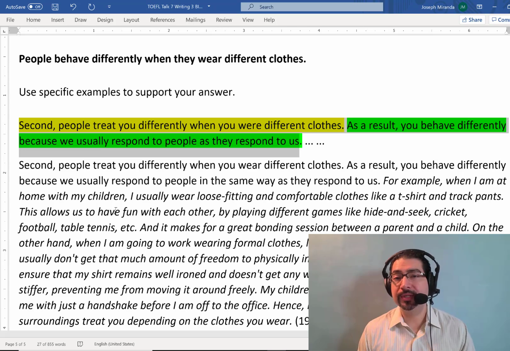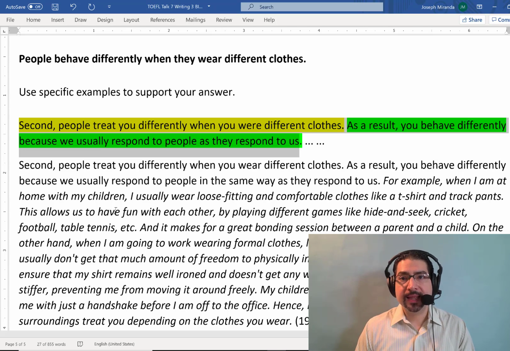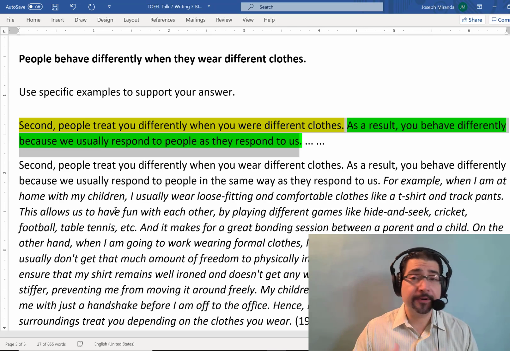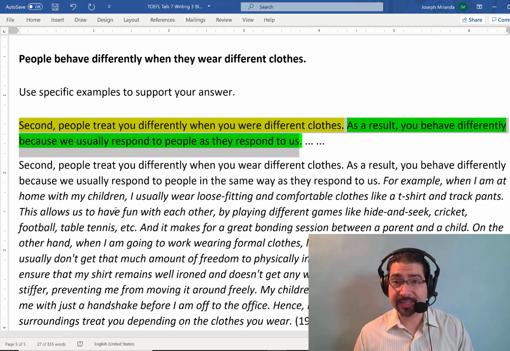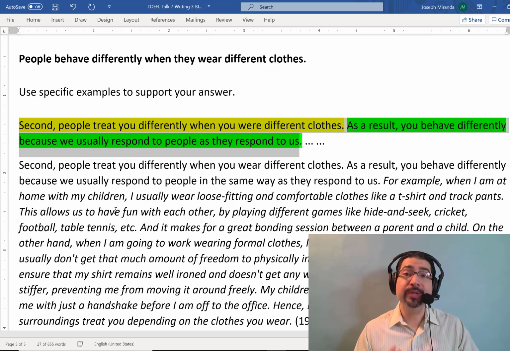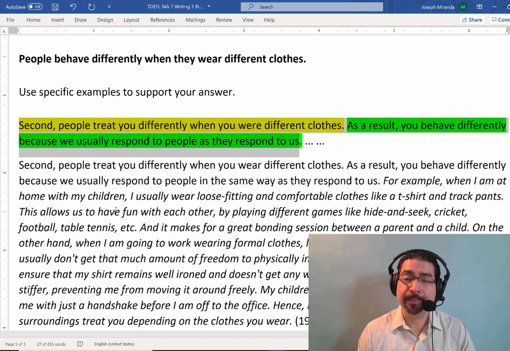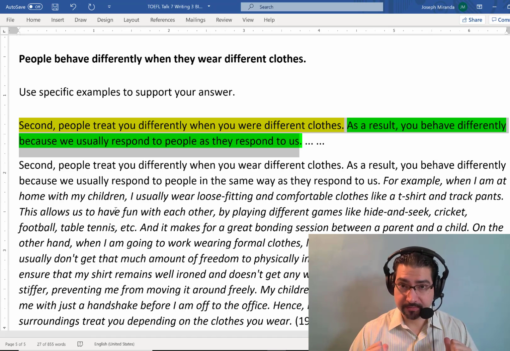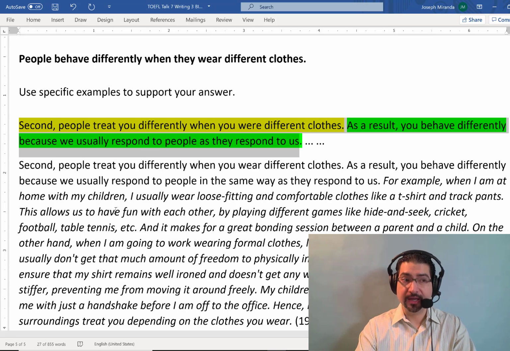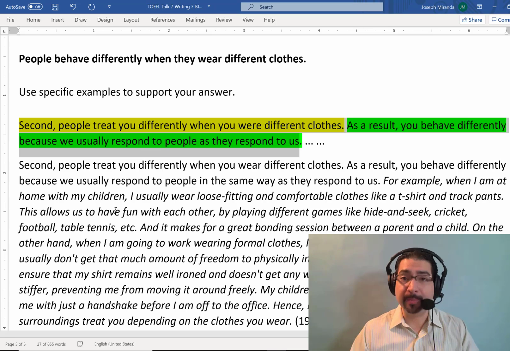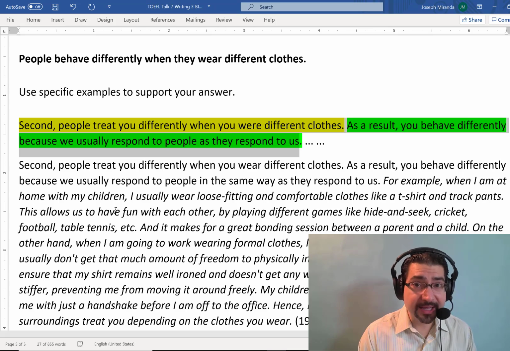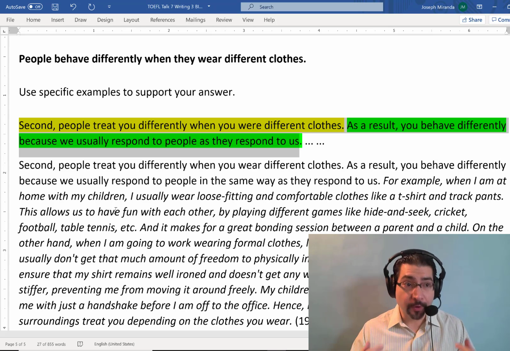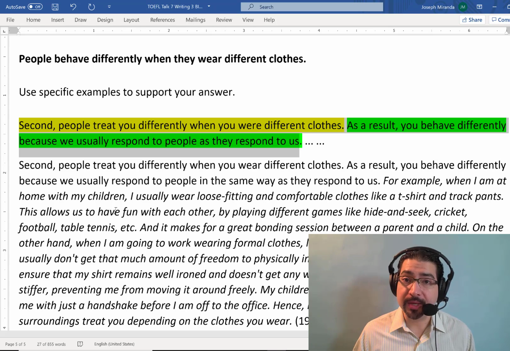So here's where students get into a little bit of trouble, because that's where think first, type second comes in, because you do need time to remind yourself, here's what my example needs to do. I wear something, so you treat me a certain way based on what I wear, and that changes my behavior. That's the evidence that what you wear does influence how you behave.